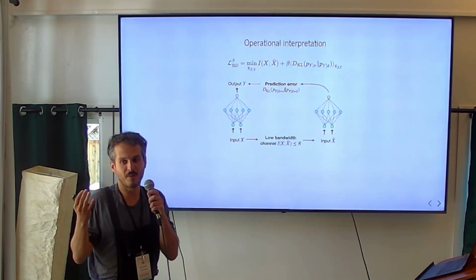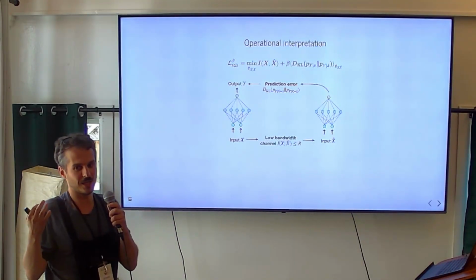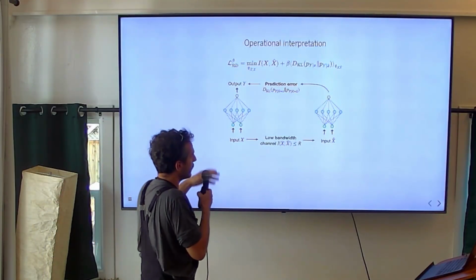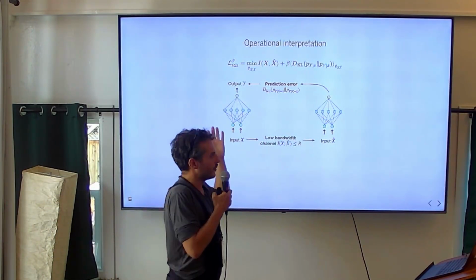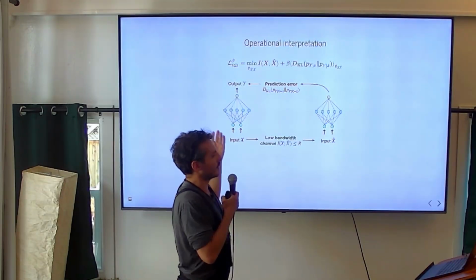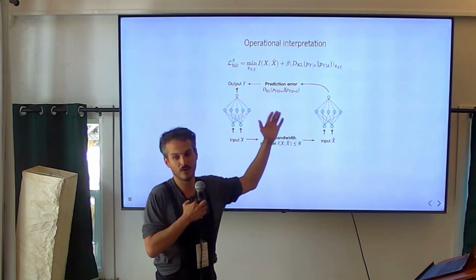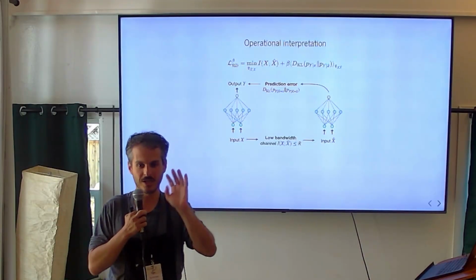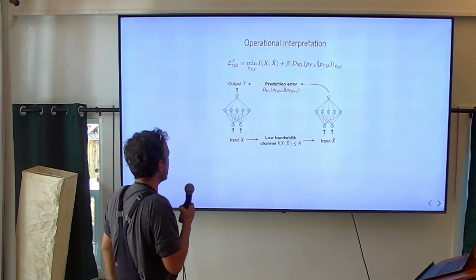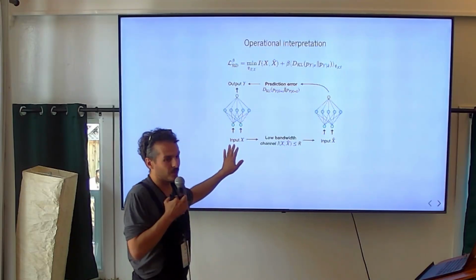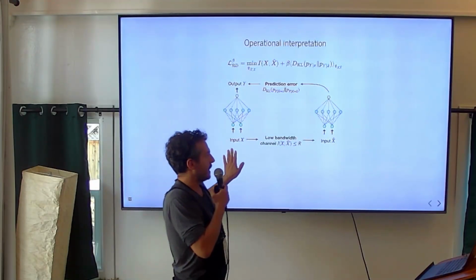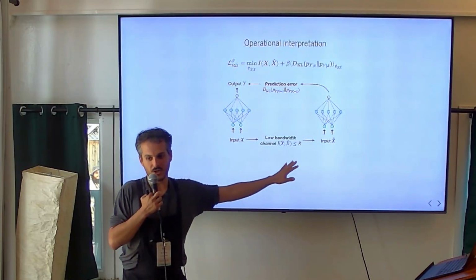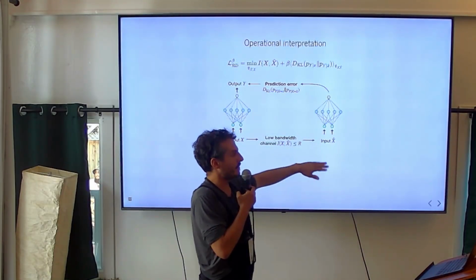There are a couple of operational interpretations, but there's one that I think is helpful for this audience. We can imagine two dynamical systems, or let's say two machine learning models, that have already been trained. We don't mess with them; they're just given as is. We sample an input, send it across a low bandwidth, bandwidth-constrained channel, and then use a copy of the model to make the prediction.